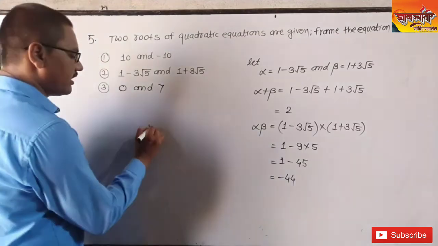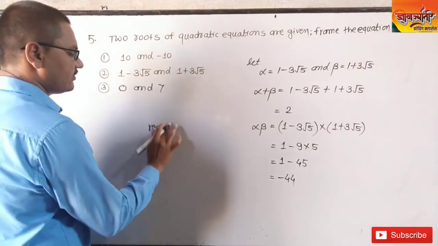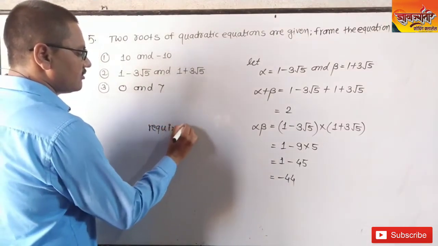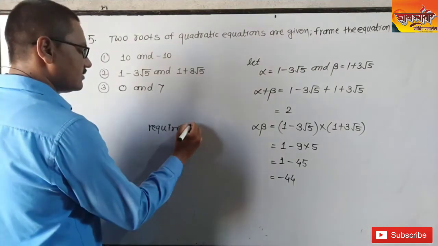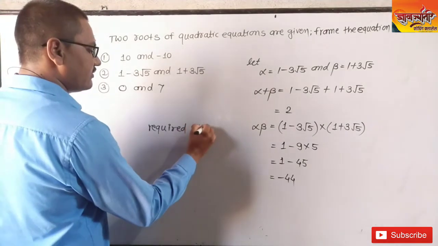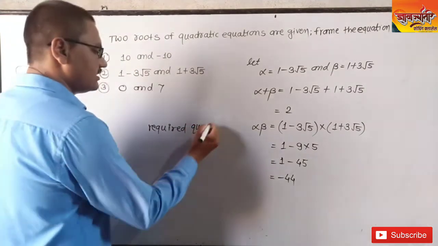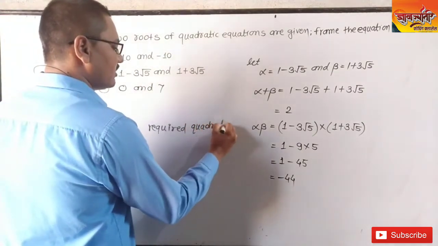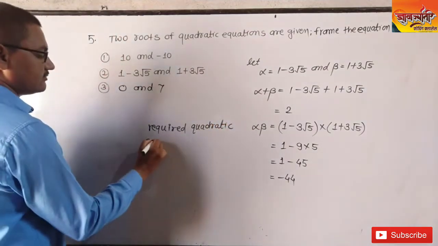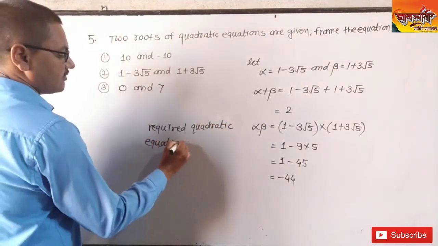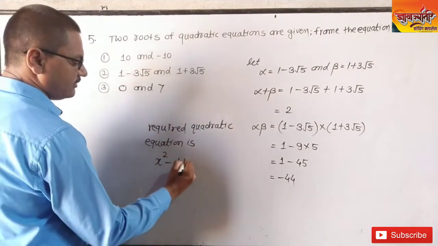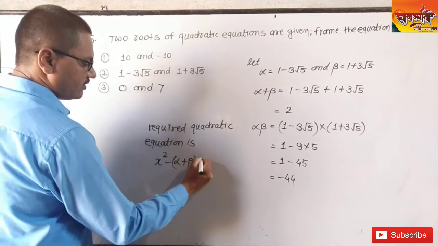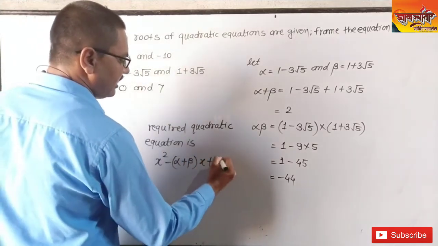Then find the required quadratic equation, which is x square minus (alpha plus beta) into x plus alpha beta is equal to 0.